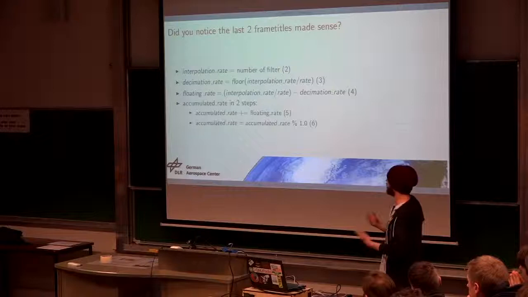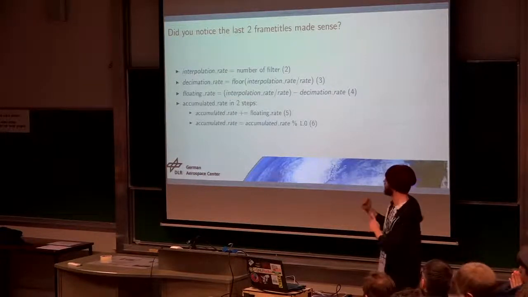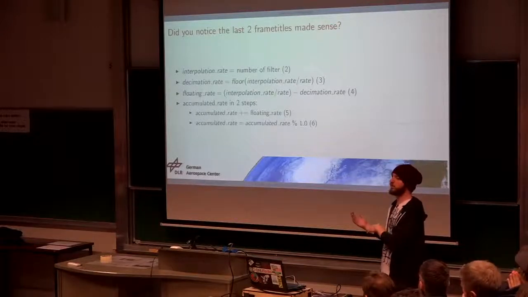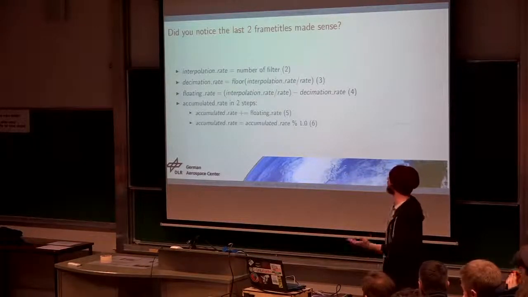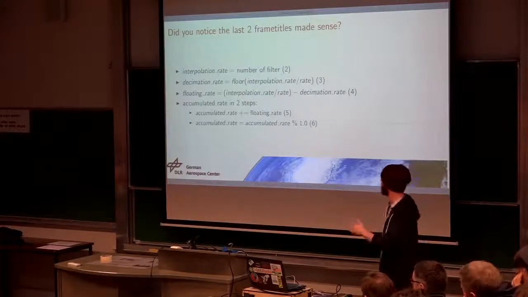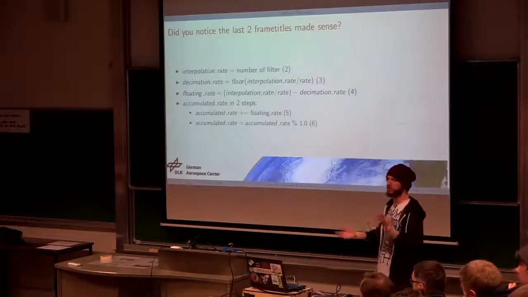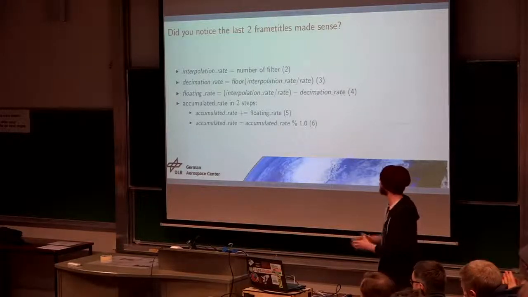The accumulated rate is done in two steps, as we can see later why. First, you update your accumulated rate by adding the floating rate to it. You start at 0, and every time you filter your signal with a filter, you add the floating rate. This determines the exact filter you're using.